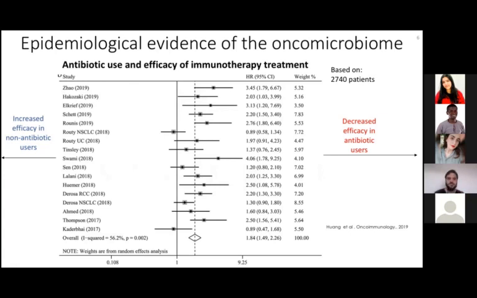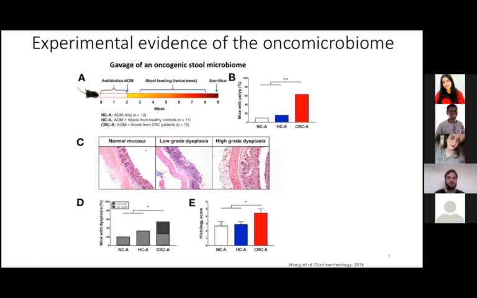What we can see is that in most of the studies, using a meta-analytical approach, across these different studies, antibiotic use decreased the probability of responding to immunotherapy treatment. So these are two strong cases for the epidemiological side of the existence of the oncomicrobiome.